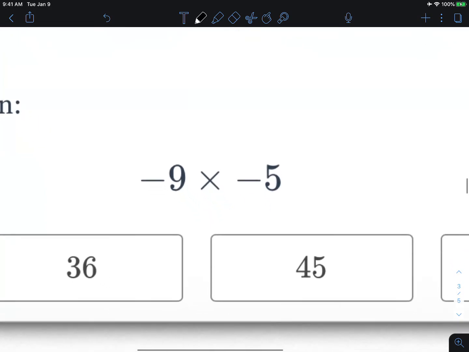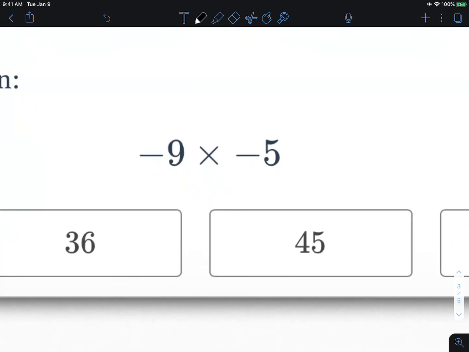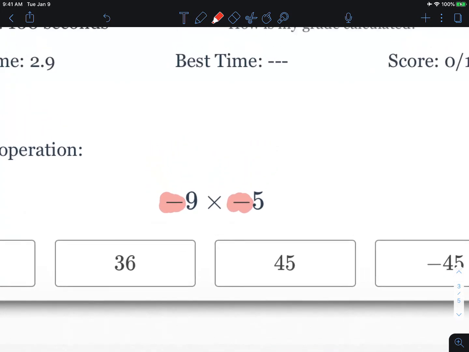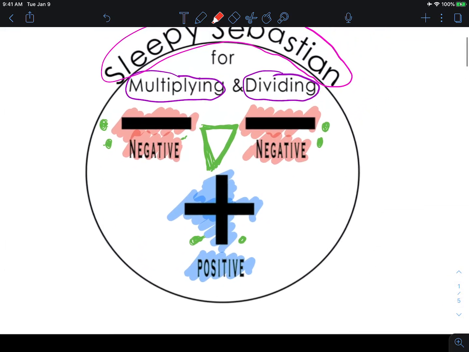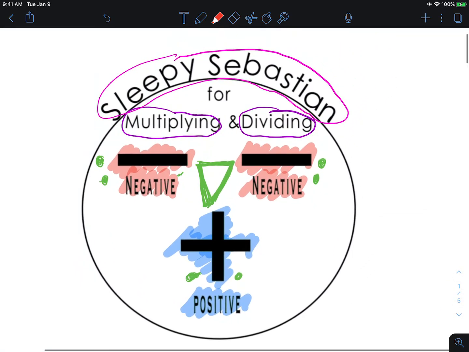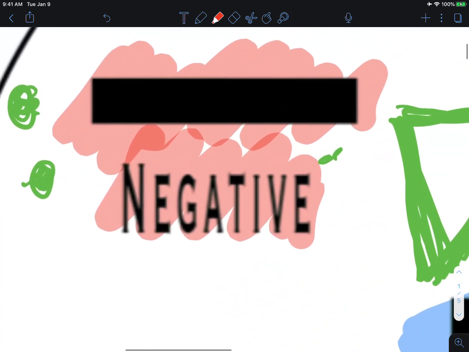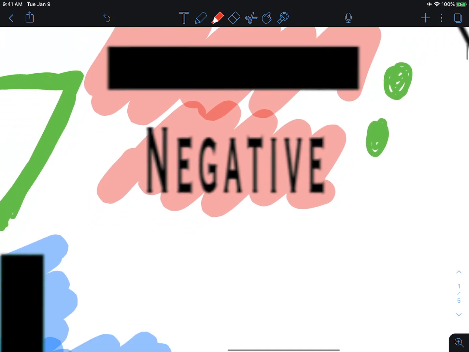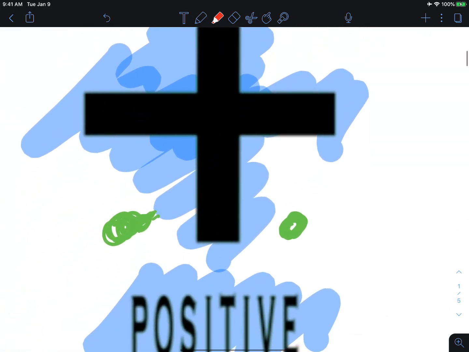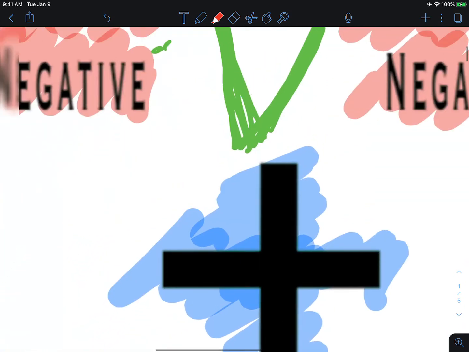So let's take a look at this one now. This is multiplying. And again, we have negative times negative. Let's go back to our notes here. So let's start here this time. Negative times negative is positive. There you go. Look at that.